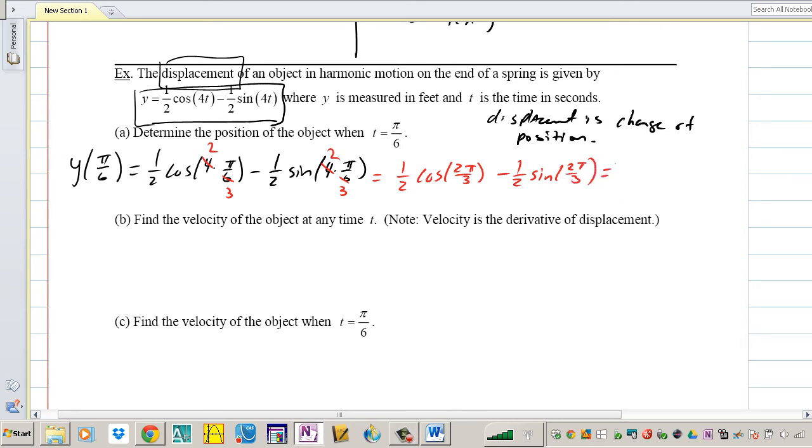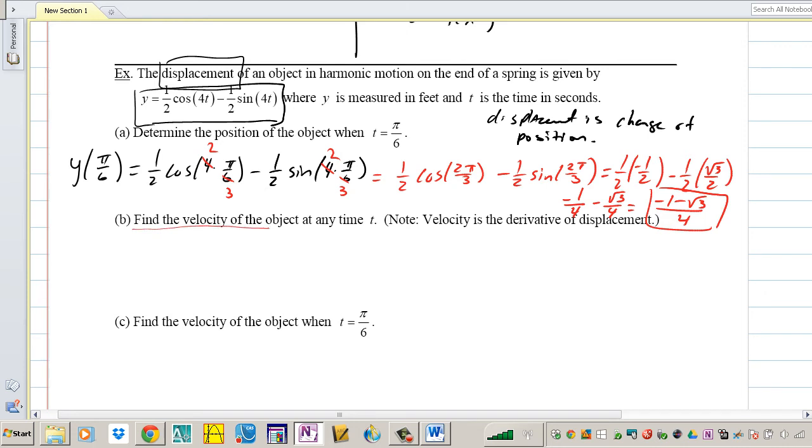Well, what is cosine of 2/3 pi? I think it's negative 1/2, so it's going to be 1/2 times negative 1/2, minus 1/2 times the square root of 3 over 2. So this becomes negative 1 over 4 minus square root of 3 over 4, which is the same thing as negative 1 minus square root of 3, all over 4.